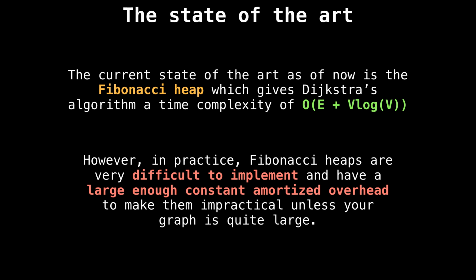However, in practice, the Fibonacci heap is very difficult to implement and also has a large constant amortized overhead. So it makes them slightly impractical in practice because your graph has to be very large for you to see the benefit. I have yet to implement one of these, so I cannot say whether they're that good, but this is just what I've read from other sources.